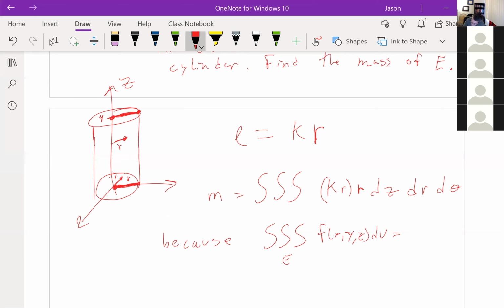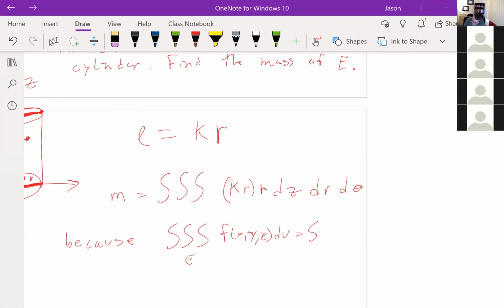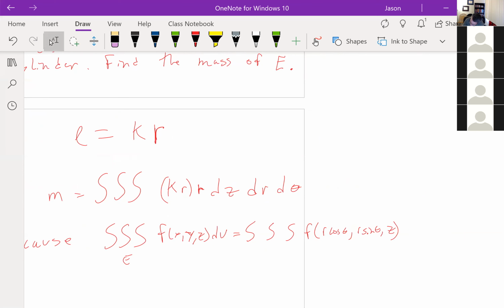That's going to go to a triple integral in terms of f of r cosine theta, r sine theta, z, times r dz dr d theta.